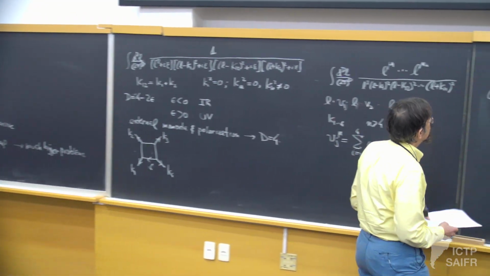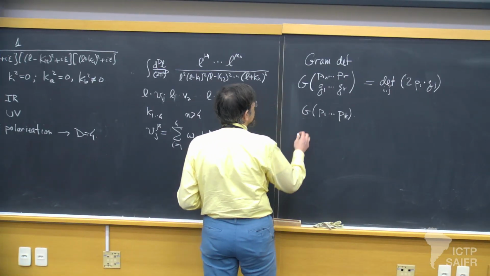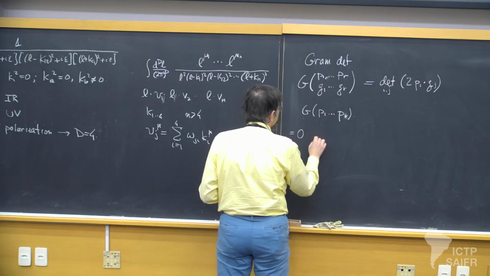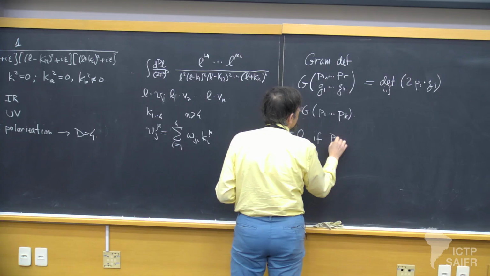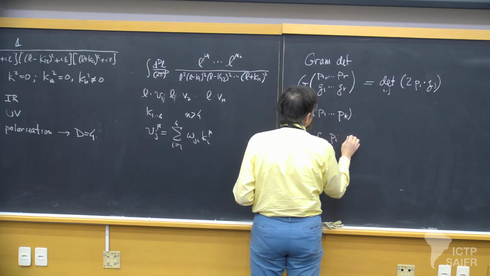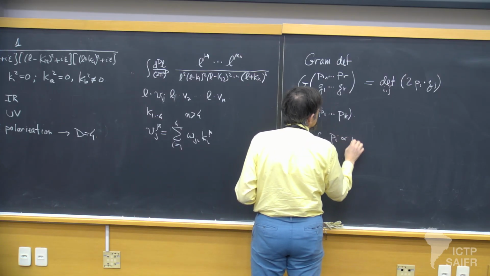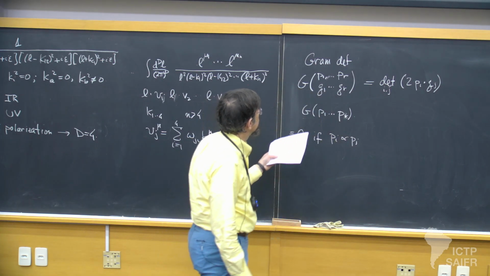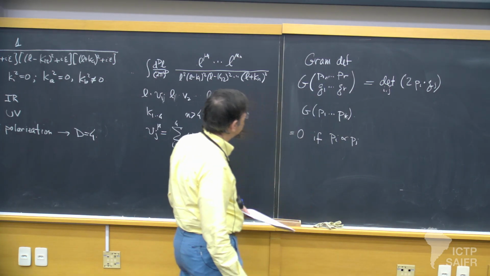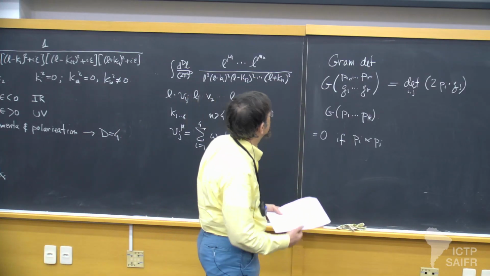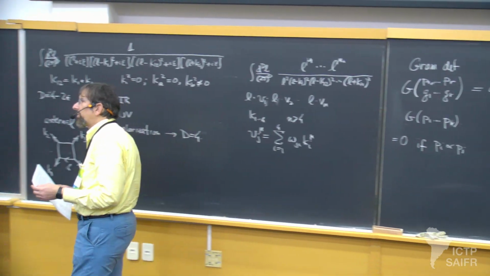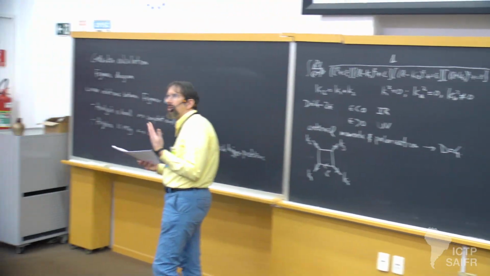Now, Gram determinants are useful because they vanish if any of the P's are linearly dependent. So for example, if one of them is proportional to another one, likewise, if any of the Q's are linearly dependent, again, it'll vanish. And the thing that's really worth keeping in mind here is this vanishing is not identical.